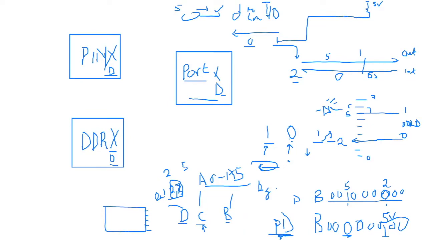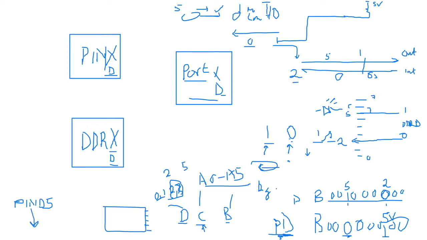Okay, now we need to find a way to read the state of that pin. So let's say now we want to find out what is the state of D5, and we are able to assign it to, let's say, a binary number.